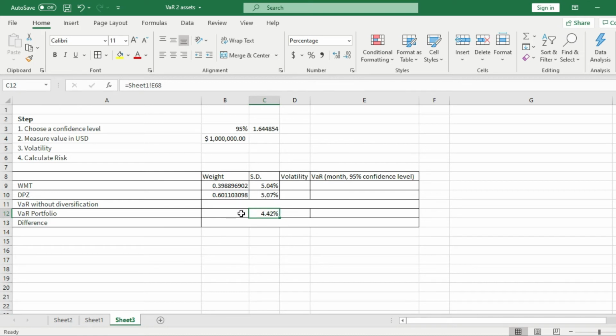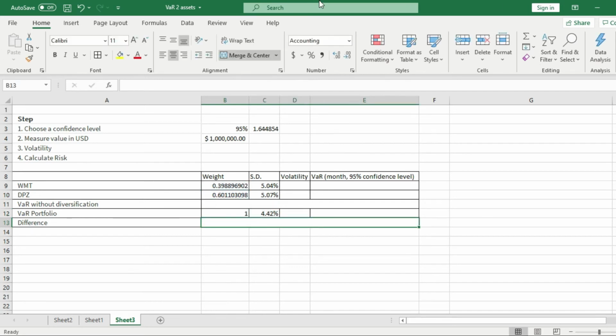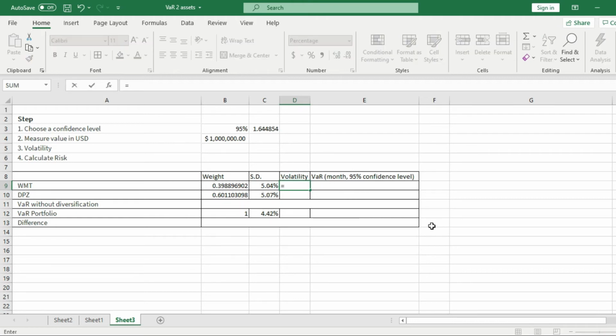Now let's see the value at risk of the portfolio. The weight will be the sum of these two, as we are using 100%. So we got 1 there, and now I think we can compute the volatility. Do you remember the volatility equals this value of the normal distribution, 1.64 for a 95% confidence level?